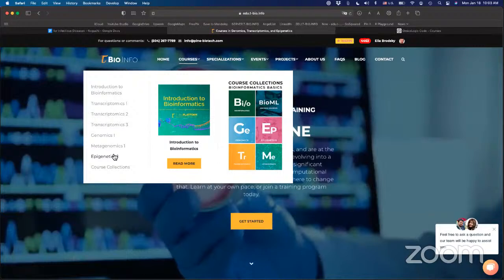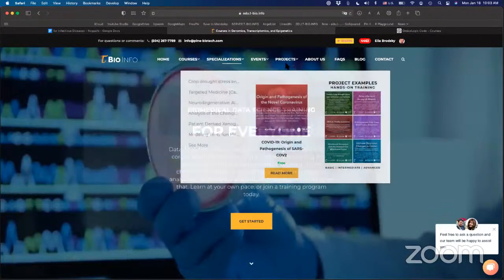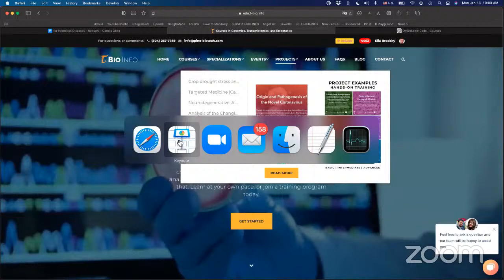So in the context of this program, this is one important resource that you will have access to. And you can start looking over the courses here or some of the collections of courses and projects that you will find that take a specific data set and explain what that data set could be used for in the context of a research question.